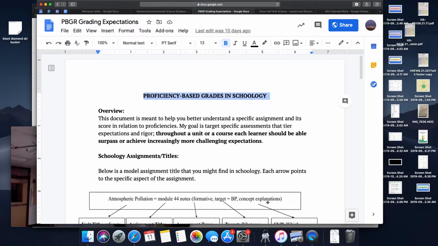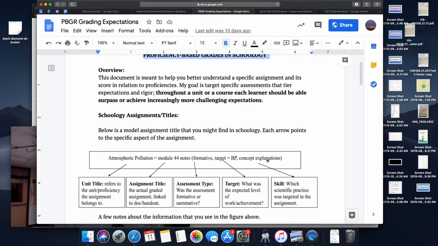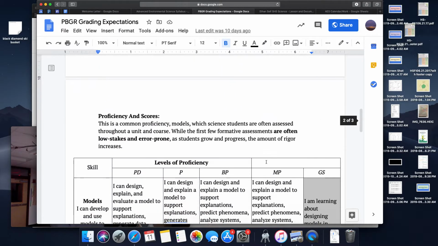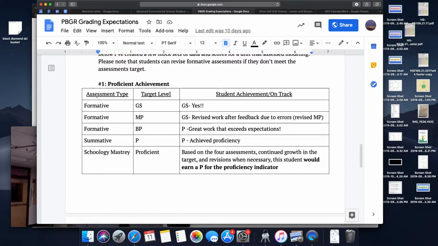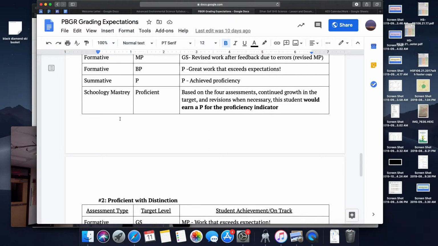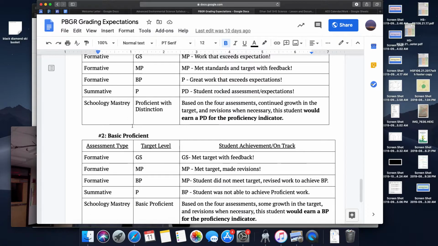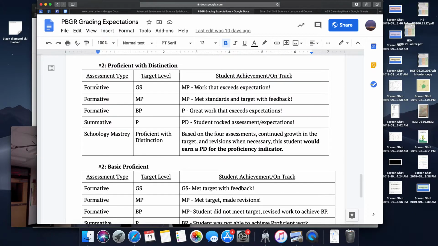The last aspect of the proficiency is the proficiency itself, which we can measure across units and across courses. I've given you within this document 3 mock report cards of how a student would achieve proficient, proficient with distinction, and basic proficient throughout a unit, with different types of units, different targets, and what the student was able to do.